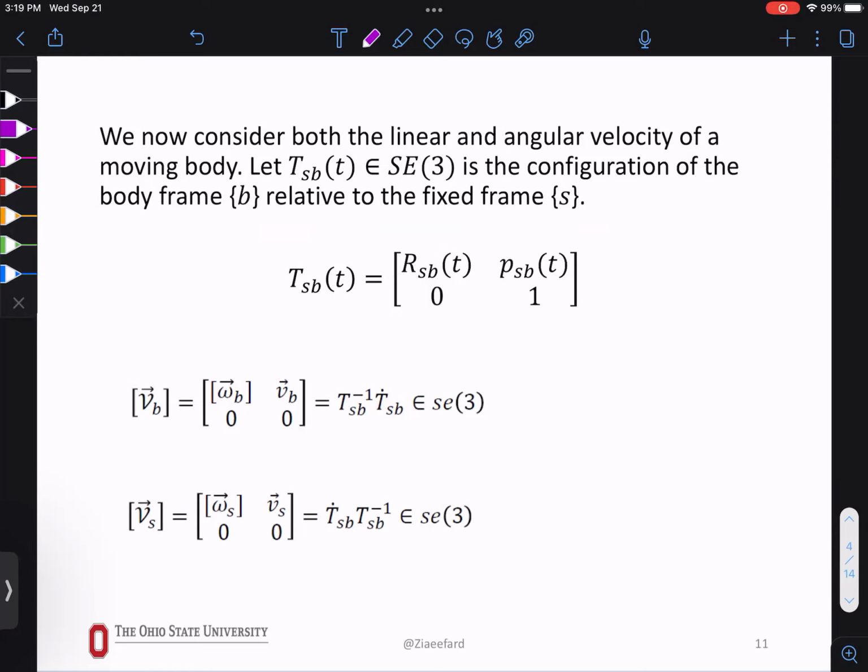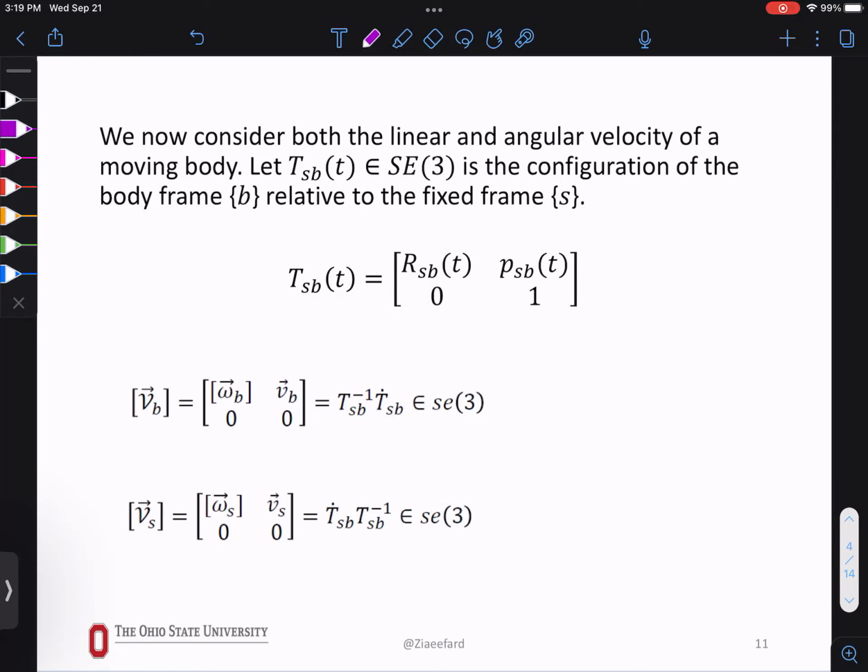Now, the body twist can be written as, what is this? This is the angular axis. What does this tell us? Okay, so there'd be angular velocity. Yes, that's the angular velocity axis. But what does this bracket mean?